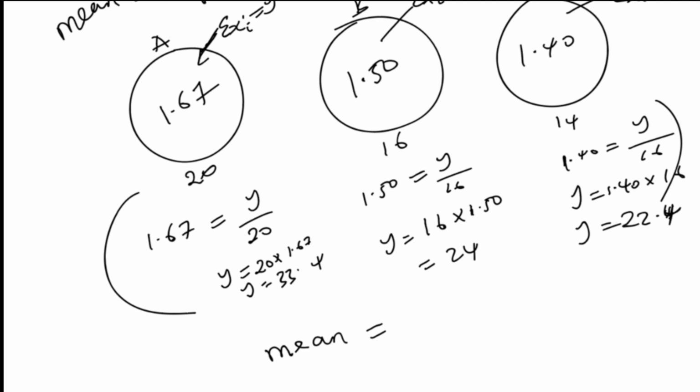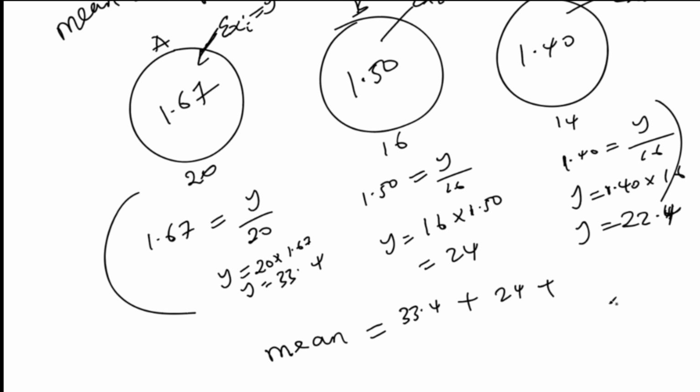How? We need to get the general mean now of all these values. It will be equals to the first group plus this group plus this group. So this was what? 33.4 plus 24 plus this one. Sorry, I'm making a mistake here. 1.40 multiplied by 16.